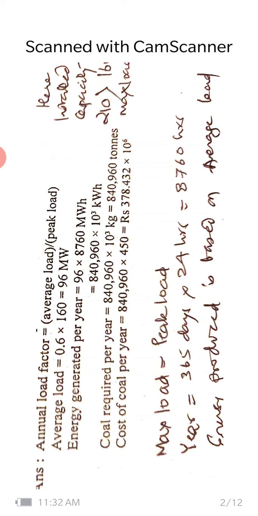Now 10 raised to 3 kg is nothing but ton. So 8,40,960 tons of coal is required per year, and the cost of coal will be 8,40,960 into 450 rupees per ton. That is nothing but 378.432 into 10 raised to 6 rupees. Okay.